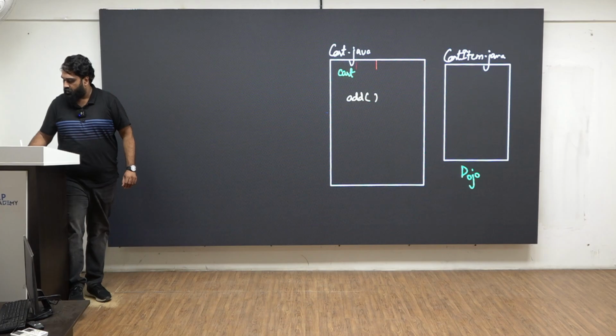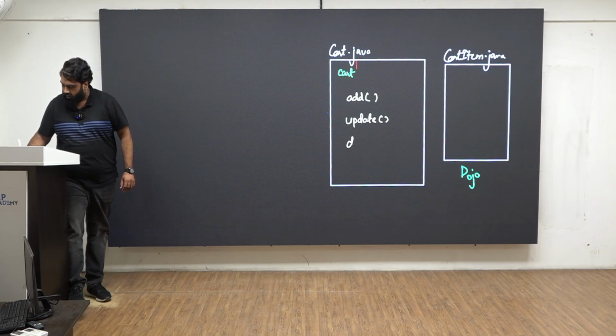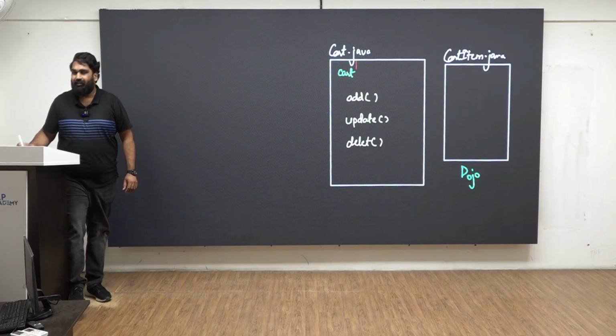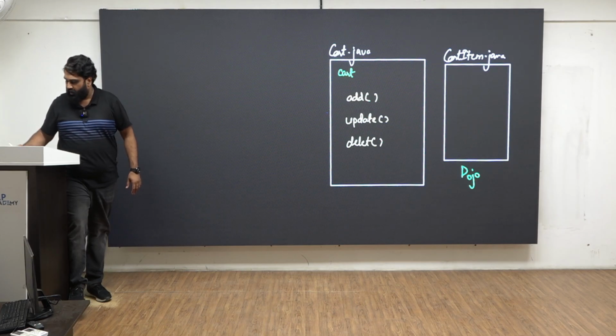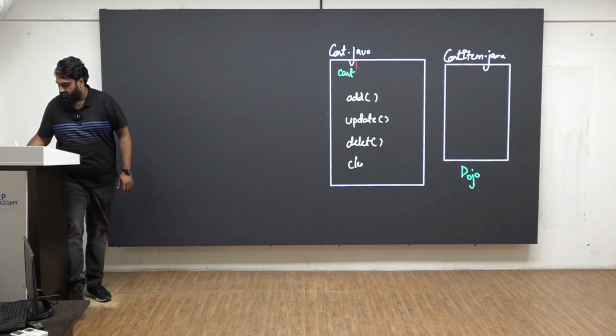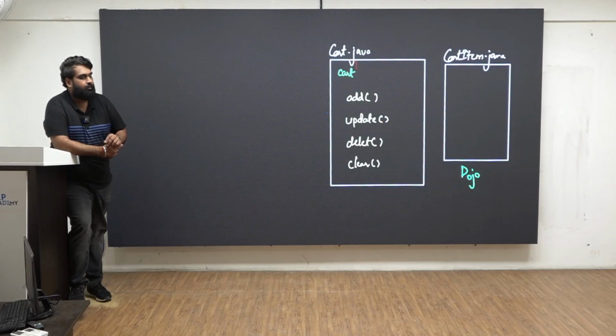Then I was having an update method. Then I also had a delete or remove method. Yes or no? Apart from that, you also had a clear method as well. Clear, reset, whatever. These were the methods that you had with respect to cart.java.